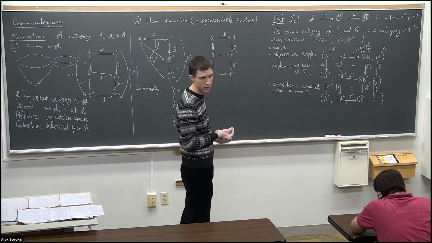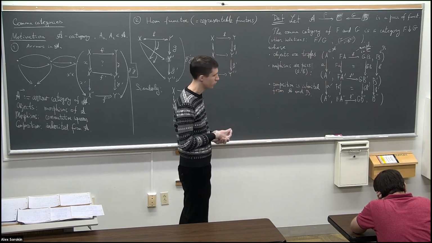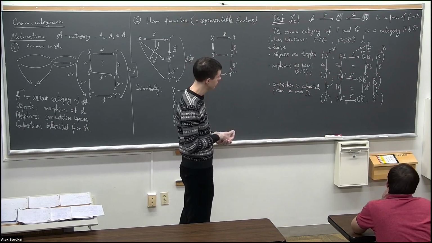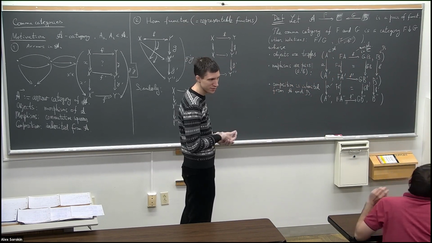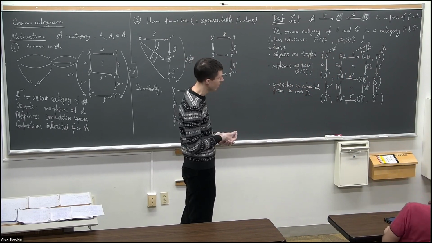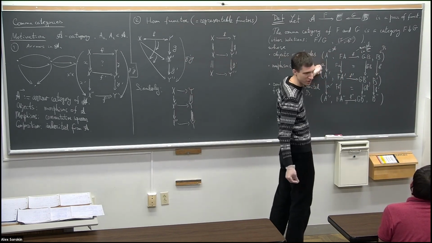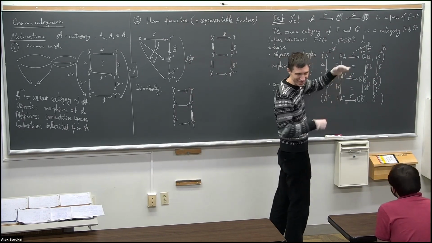Oh, well, you never asked me what about identities in those cases, right? So identities. Identities will be given by the identity map here, so that like identity, identical squares.